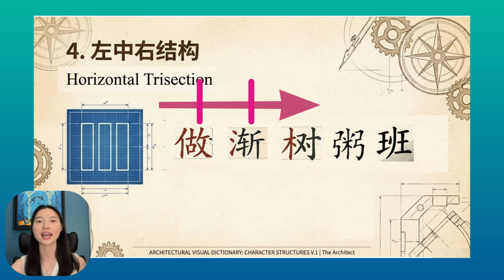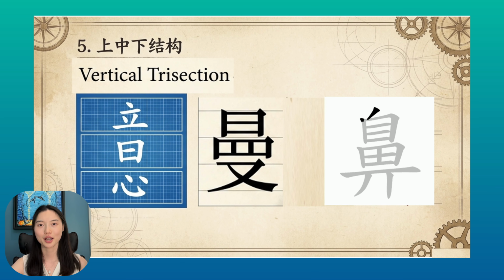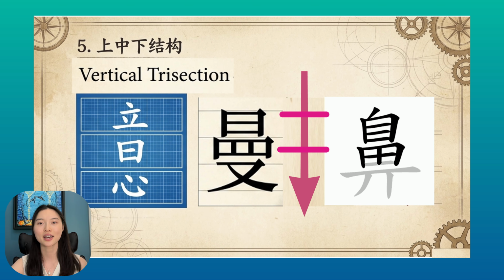Keep them tall and narrow, and the character stays balanced. Blueprint number 5 is the same idea turned vertical, 上中下结构. 3 components stacked in 3 floors. 意, meaning idea. Same writing principle as before, rotated 90 degrees. Each floor gets compressed in height, so all three fit inside the square.